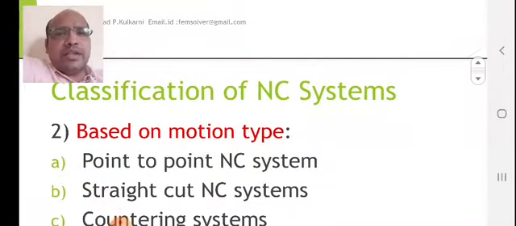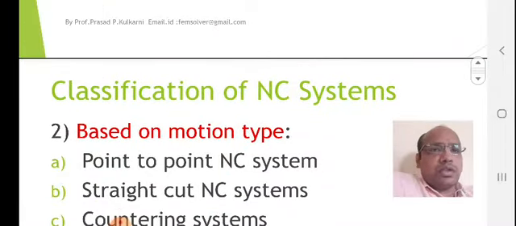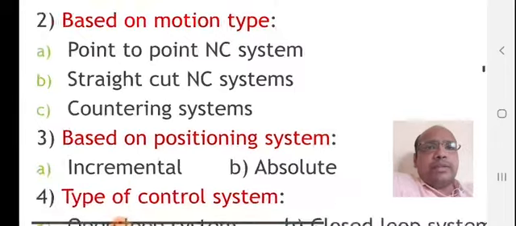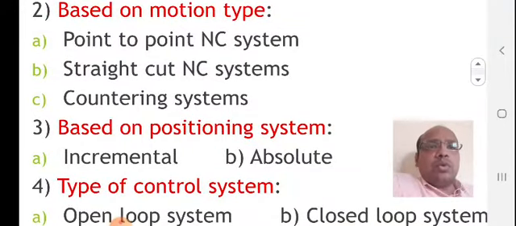Now let us see the types of NC system, that is, the classification of NC systems. First one is based on motion type: point to point NC system, then straight cut NC system, then contouring NC system.